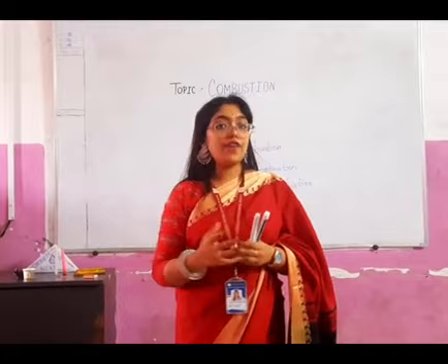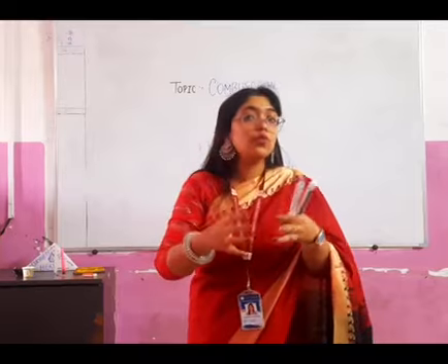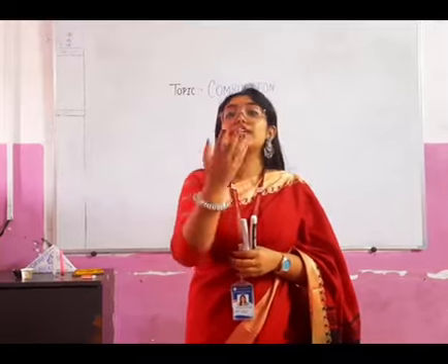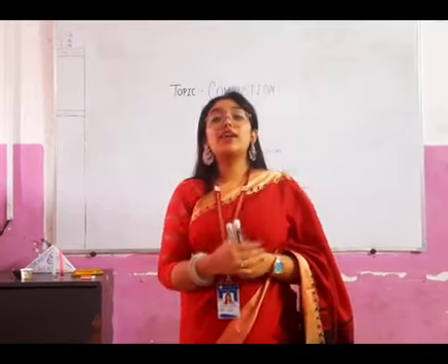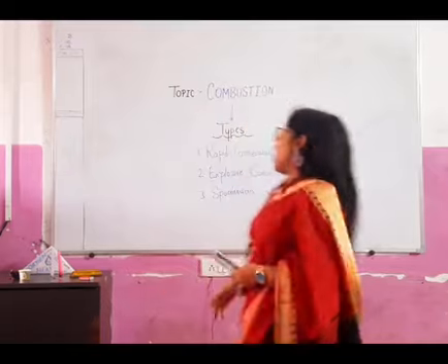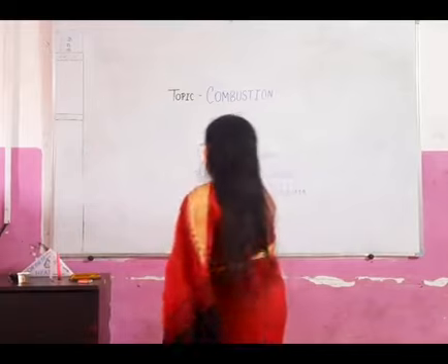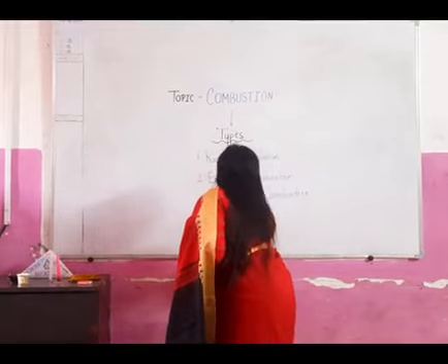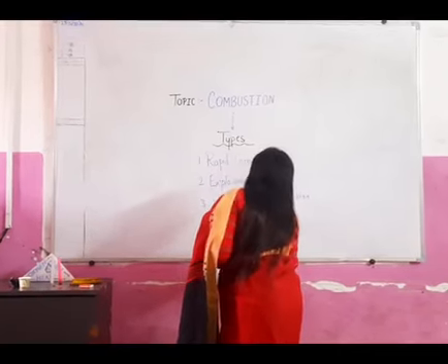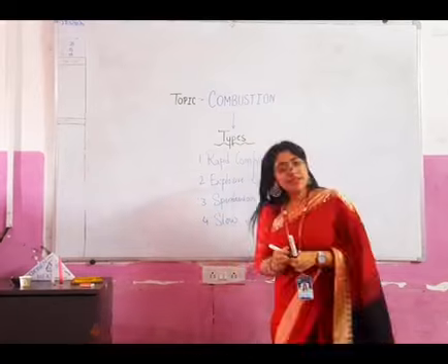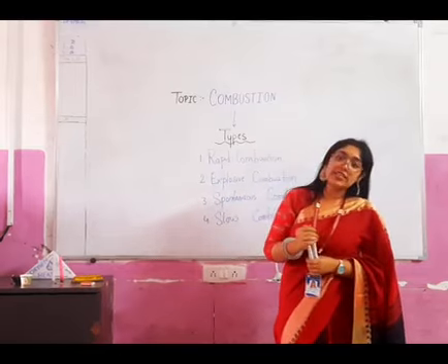That's why in the firecracker factory, if the whole condition is not cooled down, the phosphorus can burn itself by doing a nuclear emission and also by a chemical reaction. And here is our last combustion, that is called slow combustion. Slow combustion means it burns very slowly.